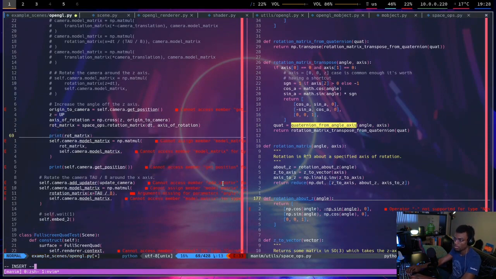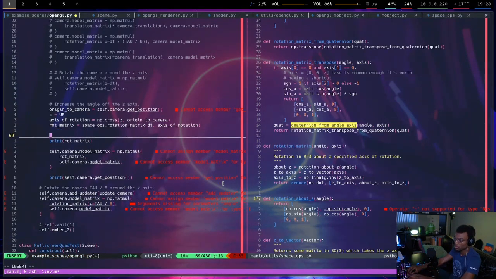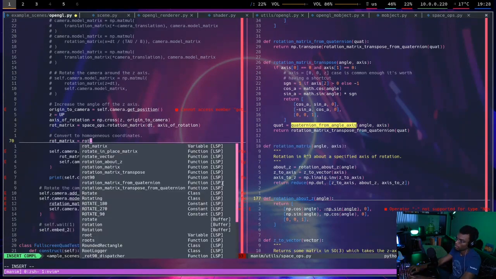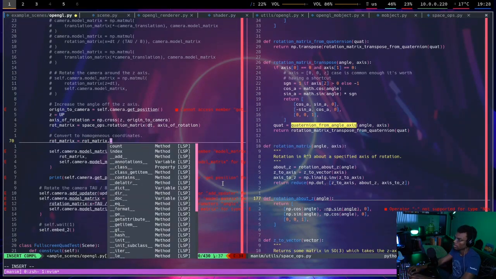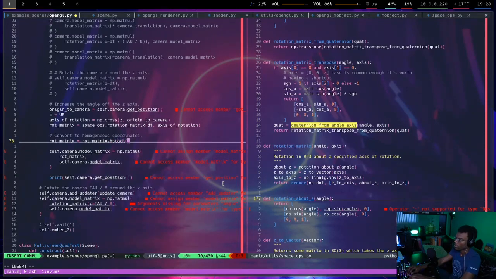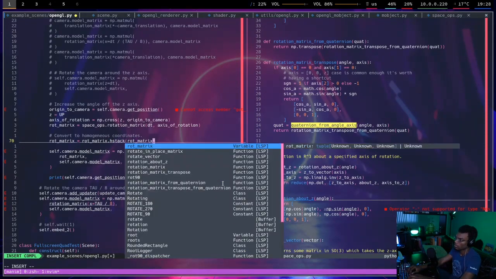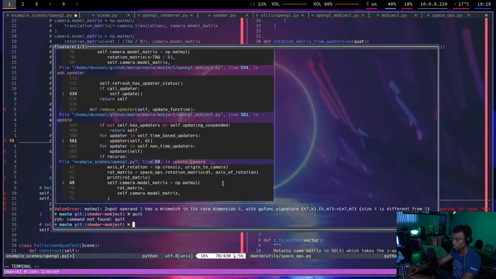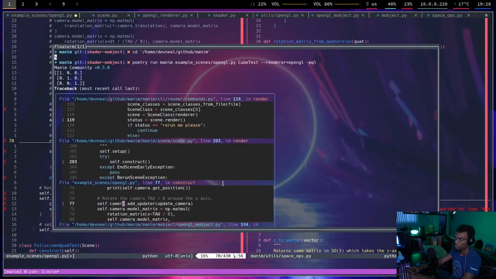Okay, so I have to convert this to homogeneous coordinates. Which is going to involve horizontal stack. So on the right side of it, I have to put 0, 0, 0.